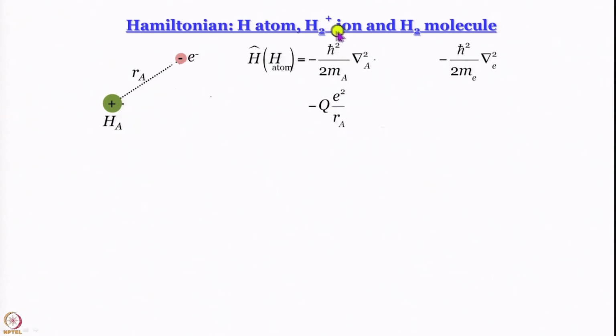The first term here is the kinetic energy of the atom as a whole, largely the kinetic energy of the nucleus. This is the kinetic energy of the electron, and very soon we are going to write all this in atomic units.